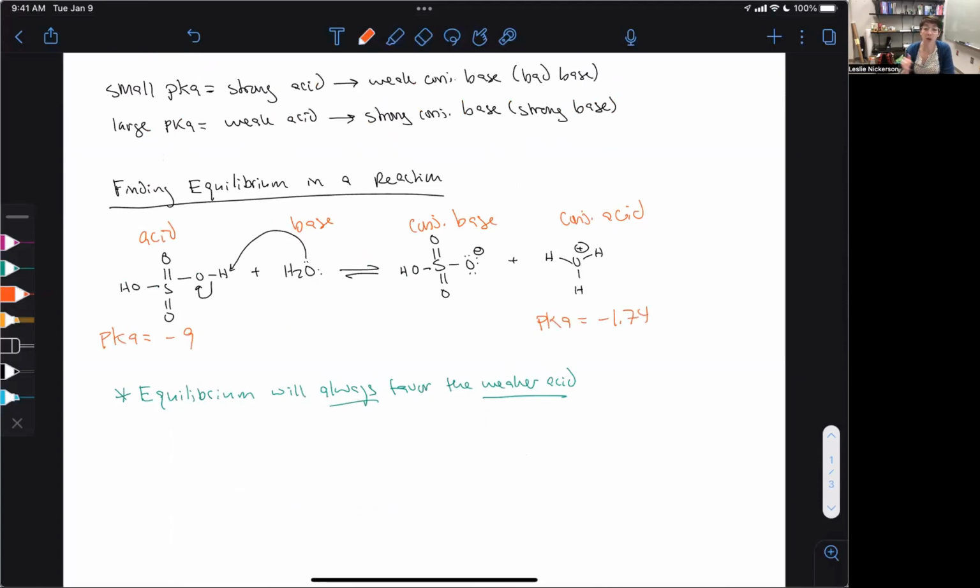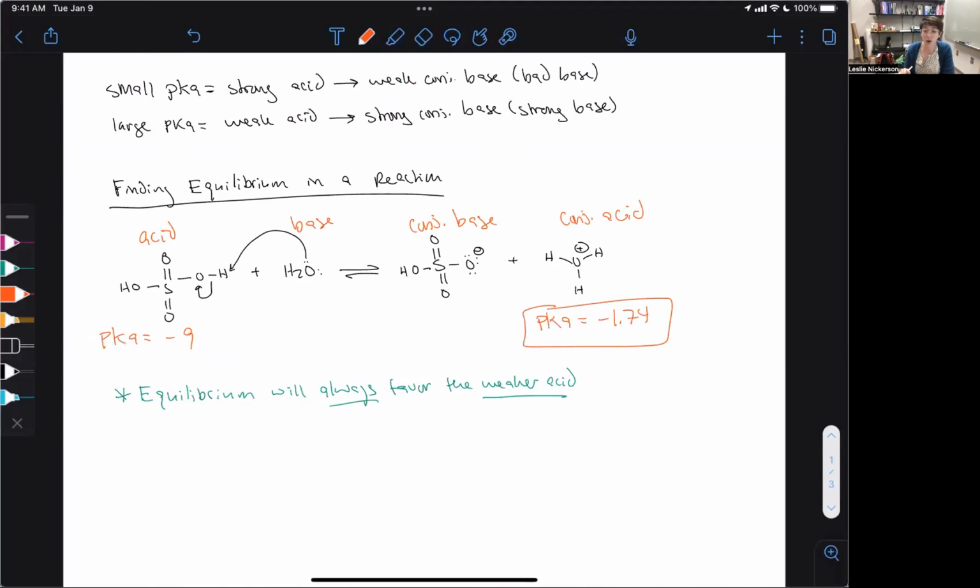And so then what we want to be looking for is the equilibrium is always going to favor the weaker acid. So we ought to make sure we remember our negative number line, and we're thinking about bigger numbers are going to be the weaker acid, right? So in this case, this is our bigger pKa, right? This is our most acidic.